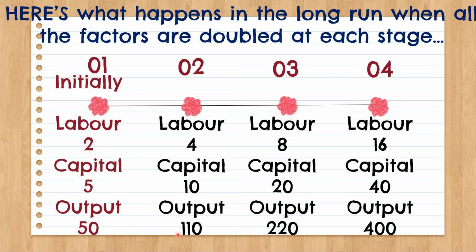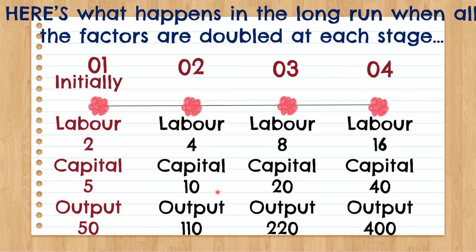However, in the first stage of the law of returns to scale, we can see 50 has not become 100. It has become more than 100, which is 110. That means in the first stage, when the inputs are doubled, the output more than doubles, or there is a more than proportionate increase in output as a result of doubling the inputs.